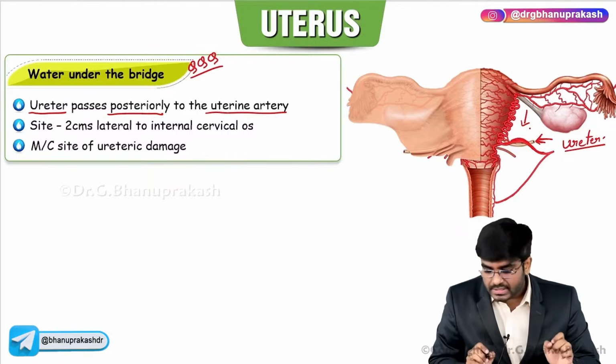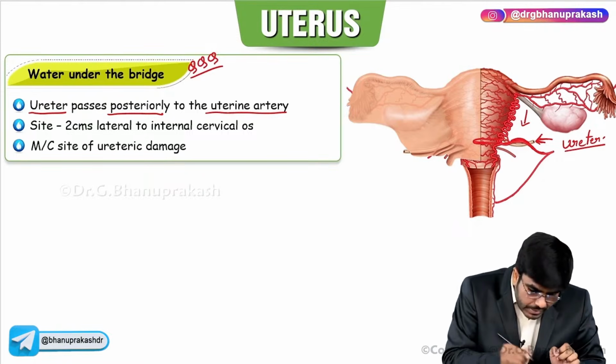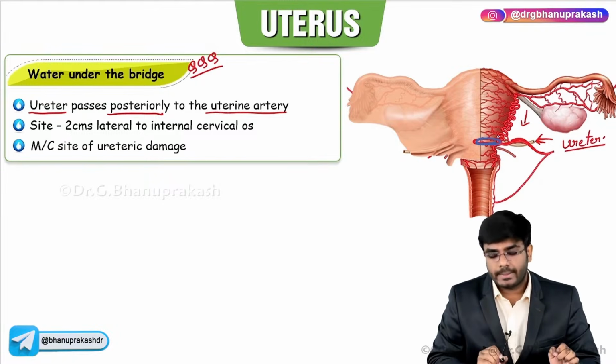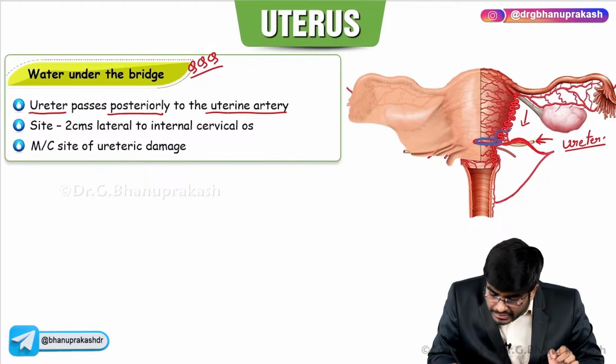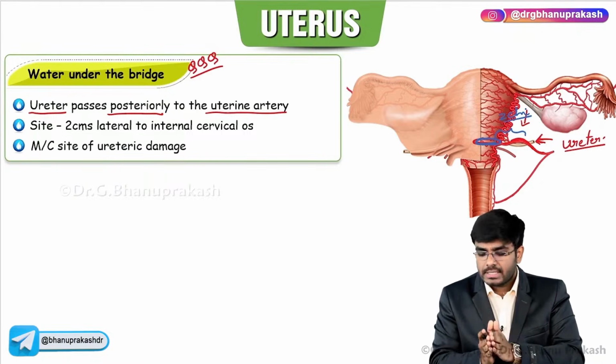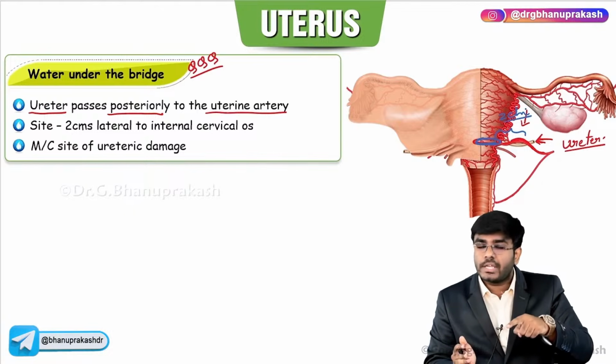Now where exactly is this structure located? See, this is the internal os, for example. Here is the internal os located. So 2 centimeters lateral from the internal os, the uterine artery passes over the ureter.